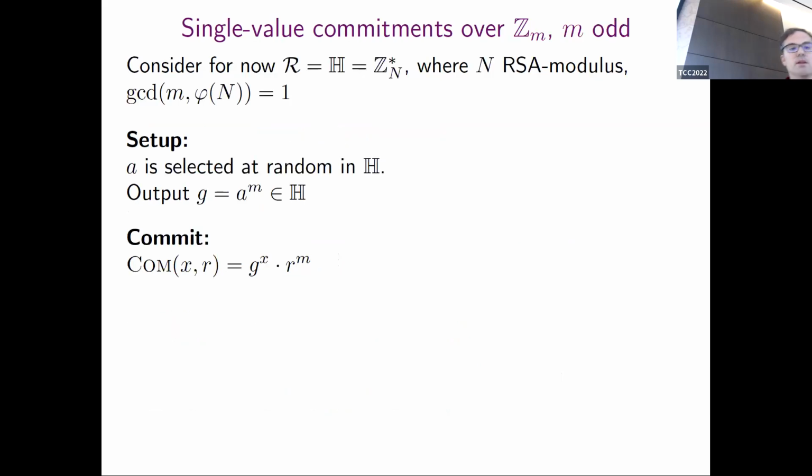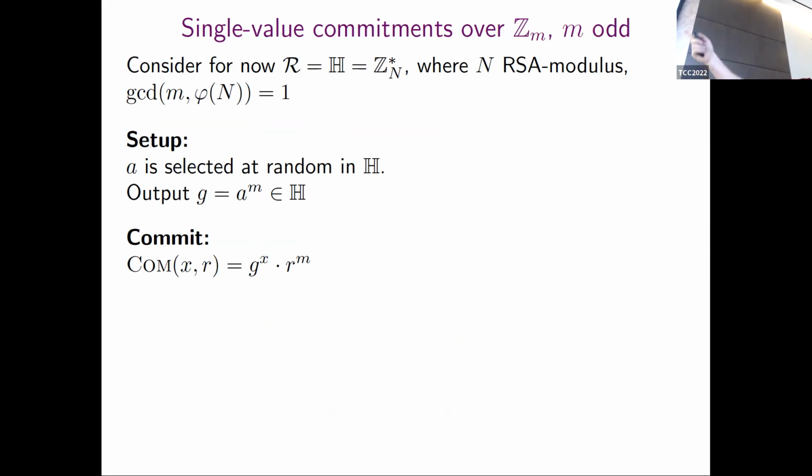Now let me show you how to construct the single-value commitments. Here we have constructions based on factoring assumptions, and we separate the cases where m is odd and m is even. For m odd, we have this construction here. Now the setup, if you realize, just outputs a random element in Z_N star, completely random.